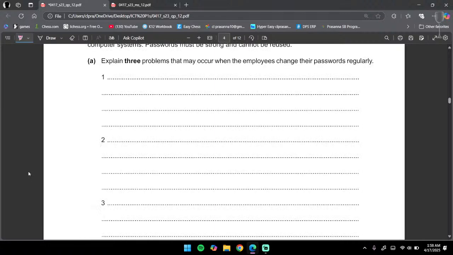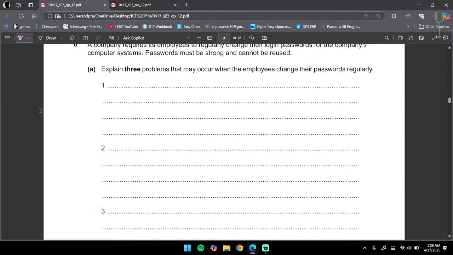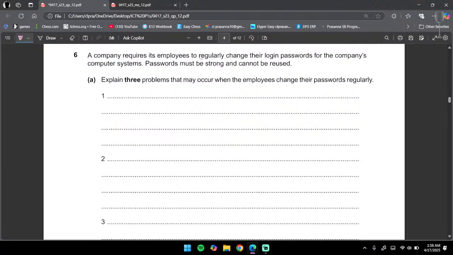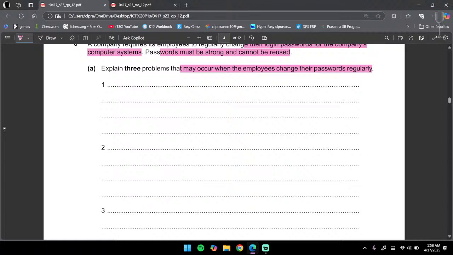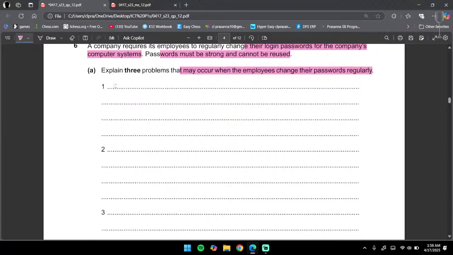Moving on. A company requires its employees to regularly change the login passwords for the company's computer system. Passwords must be strong and cannot be reused. Explain three problems with employees changing their password regularly. Since passwords are being changed regularly, they may be too similar, which decreases security.